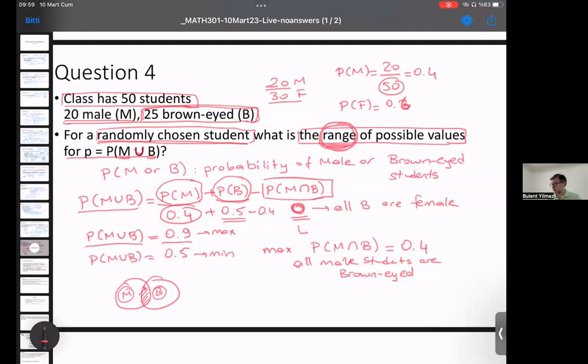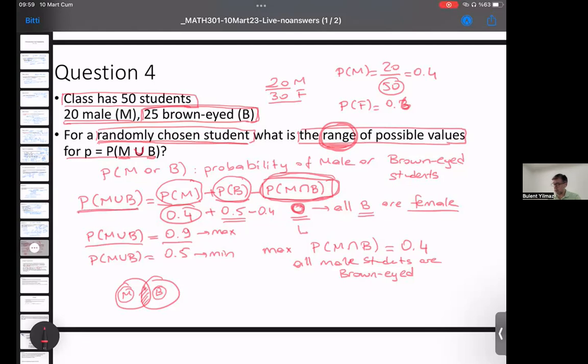So then I decide on how I can find this one, the probability of male and B. It may be either 0, which means all brown-eyed students are female. Then the intersection, kesişim, is going to be 0. So the probability of obtaining a male or brown-eyed student will be maximum 0.9.